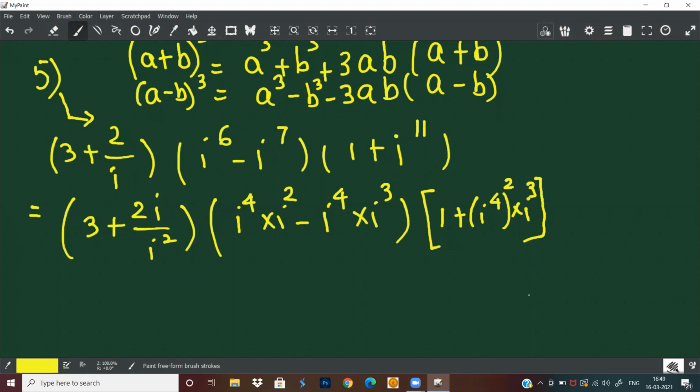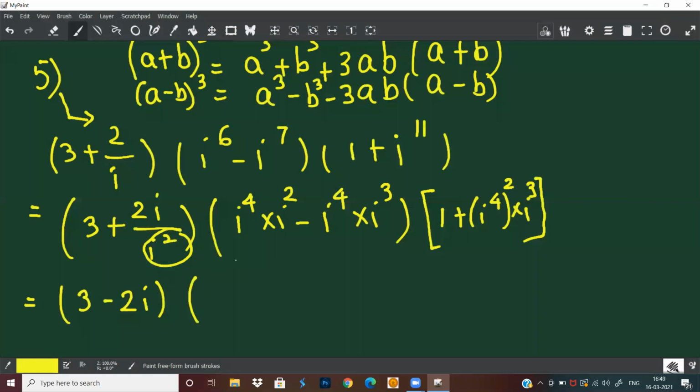i is i, i square is minus 1, i cube is minus i, i raised to 4 is plus 1, and any power of i can be expressed in terms of these 4. Simple. Here I have rationalized. So this is 3, i square being minus 1, so 2i upon minus 1. So this will be 3.